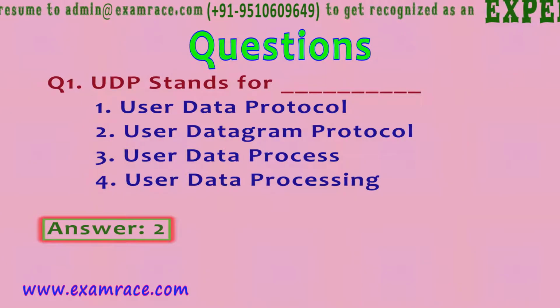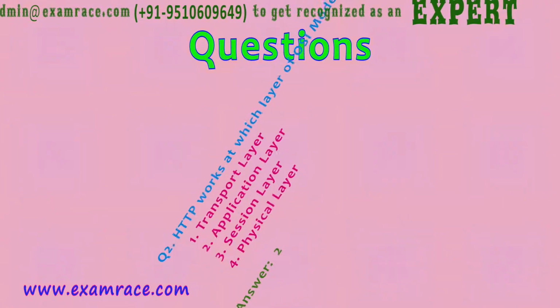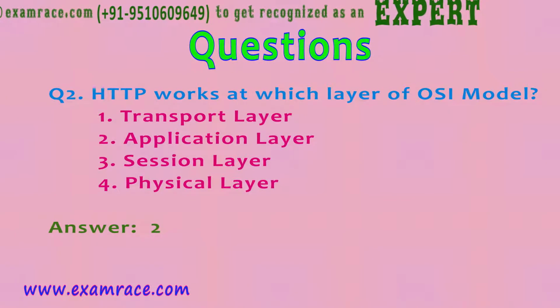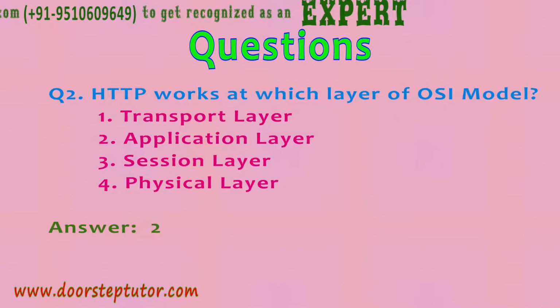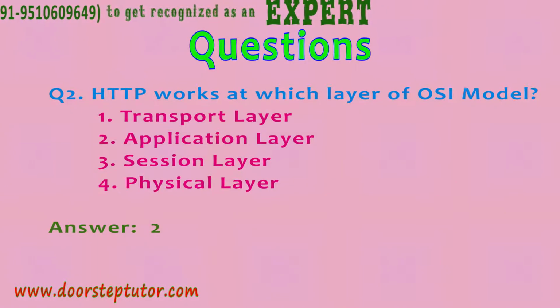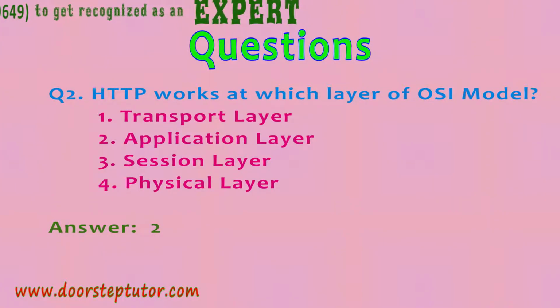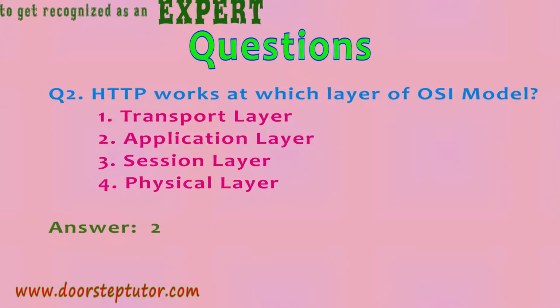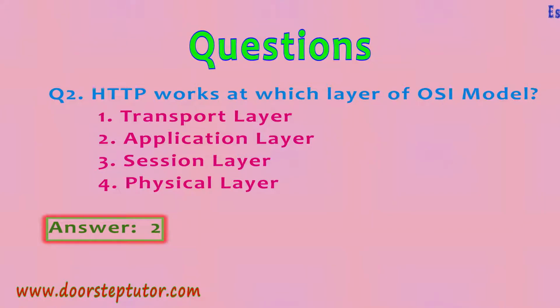Option number 2 is correct, that is, user datagram protocol. Our second question is: HTTP works at which layer of the OSI model? This is a question from a previous year UGC NET exam. The options are: transport layer, application layer, session layer, and physical layer. The answer for this question is the application layer.